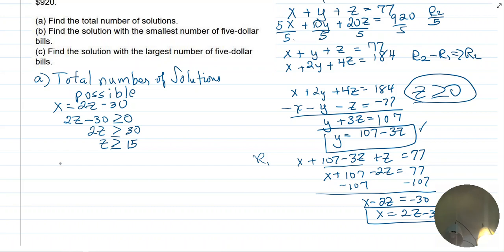Now I'm going to do the y. y equals 107 minus 3z. So I'm going to set 107 minus 3z greater than or equal to 0. I'm going to subtract the 107, then divide by 3.